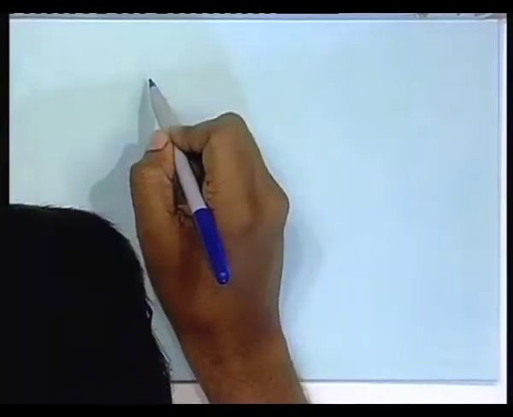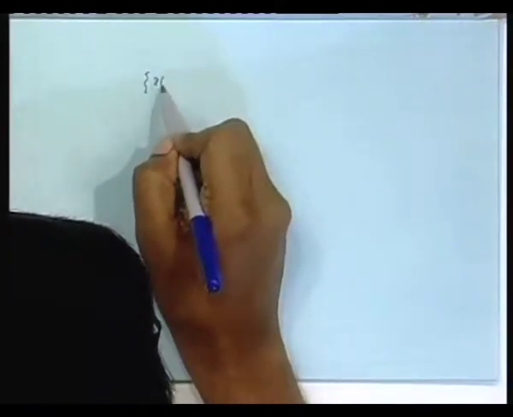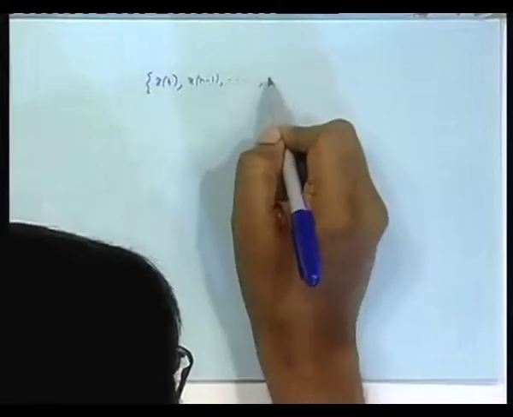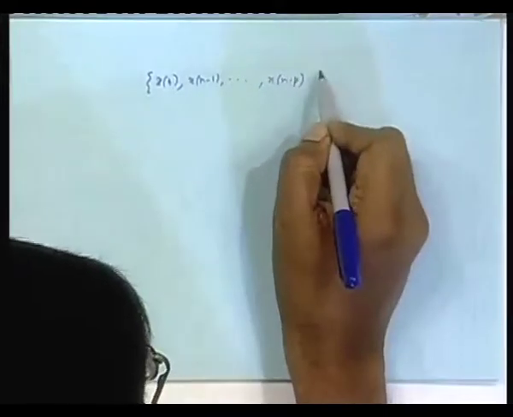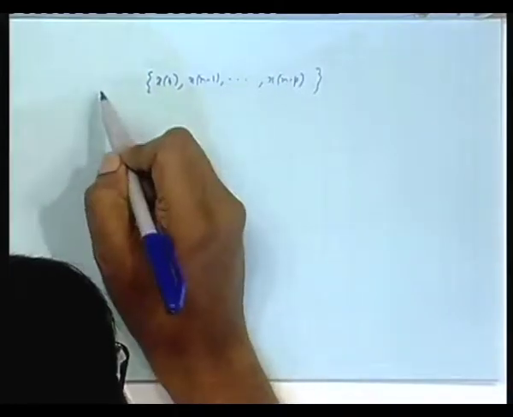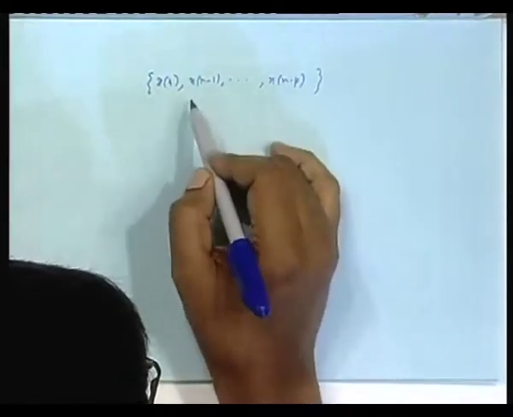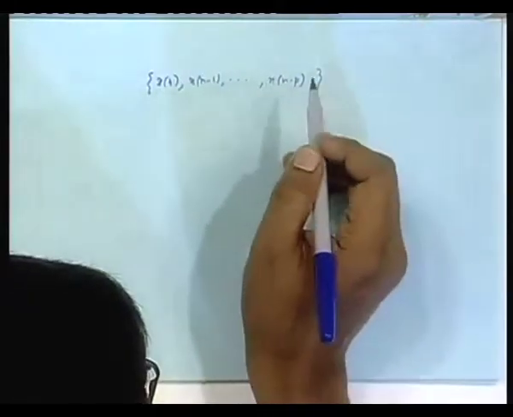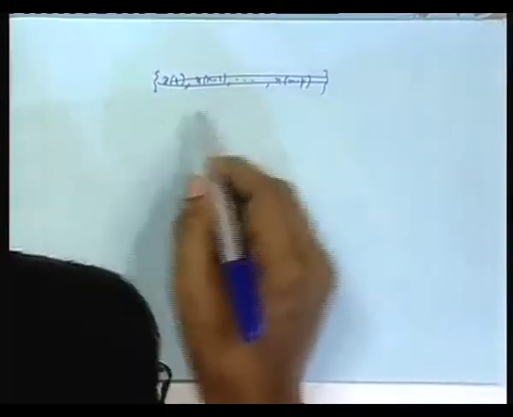So, just a quick recap as to what we were doing yesterday. We are considering the space spanned by these x n minus p. Let me make it more general.